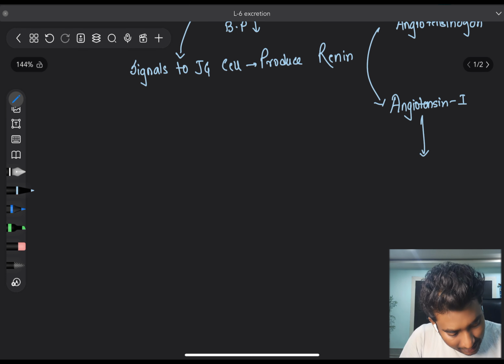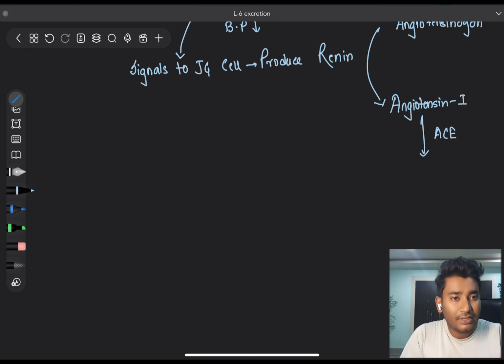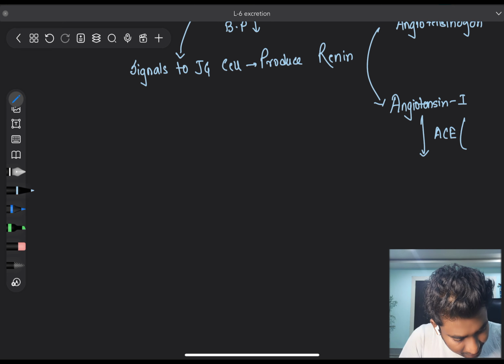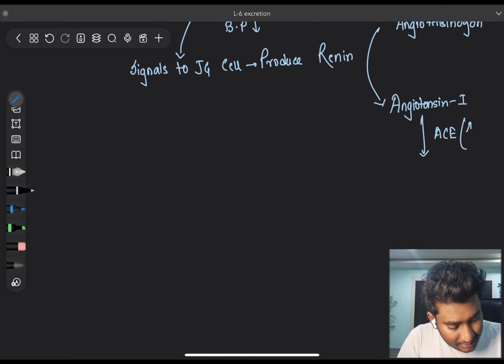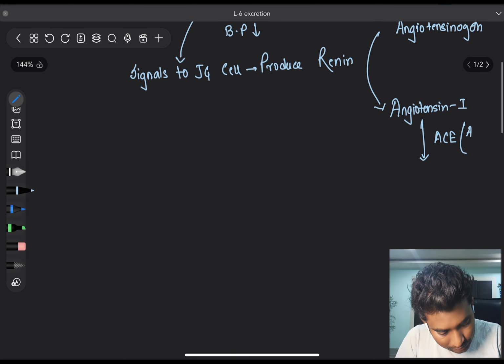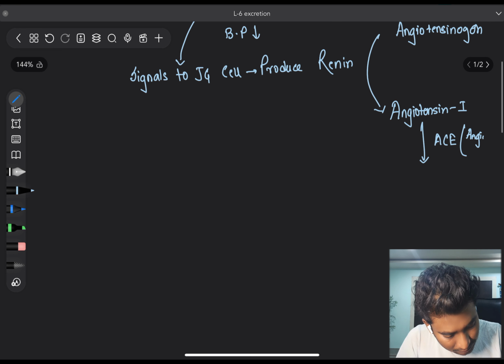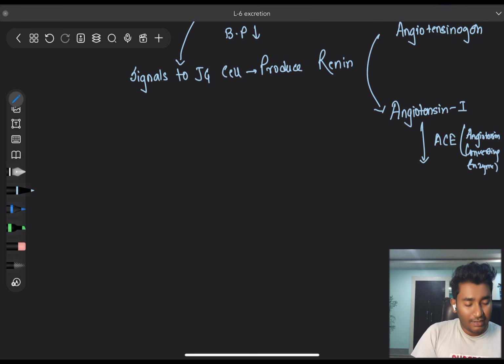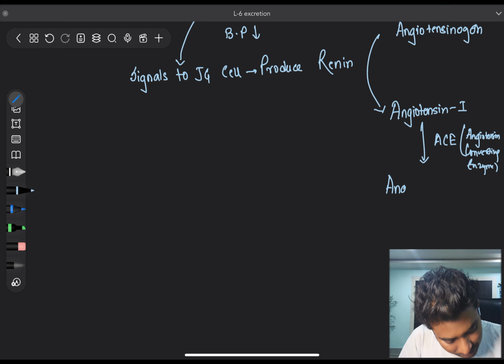Then angiotensin 1 is acted on by ACE, that is angiotensin converting enzyme. ACE converts angiotensin 1 to angiotensin 2.